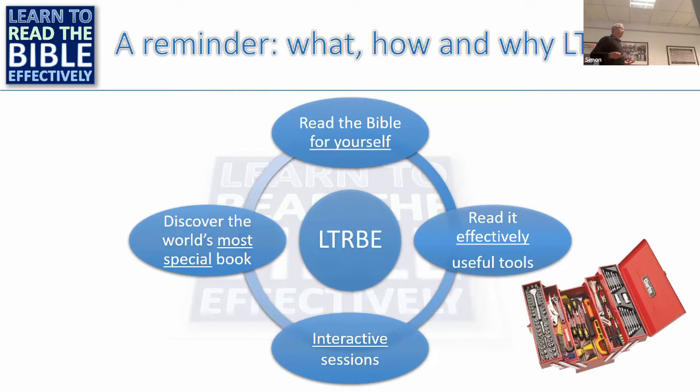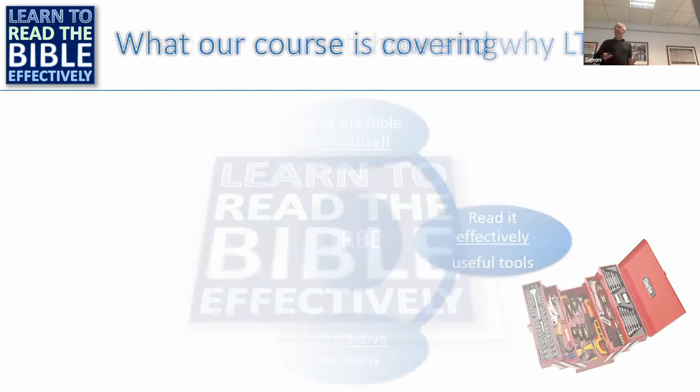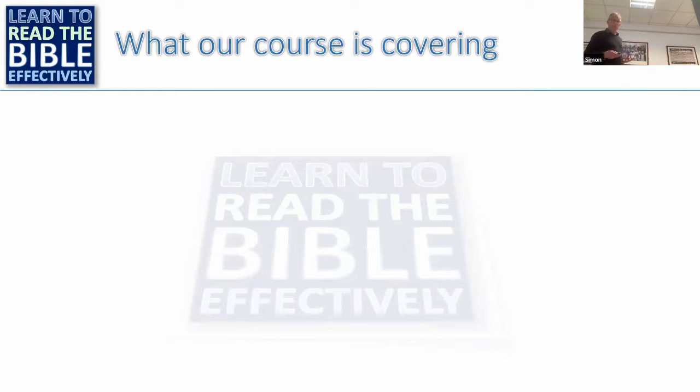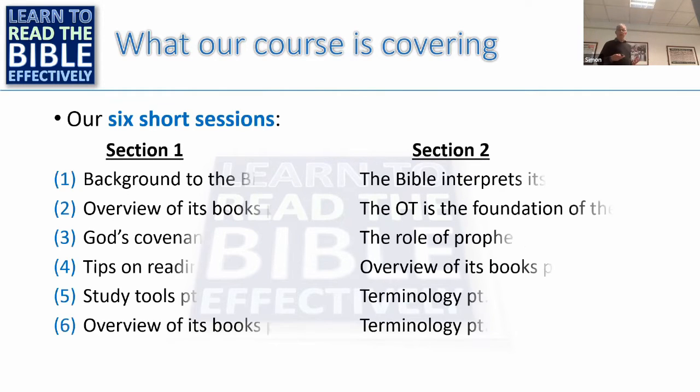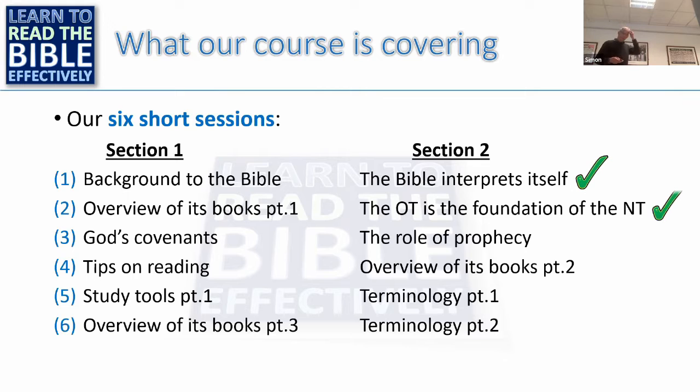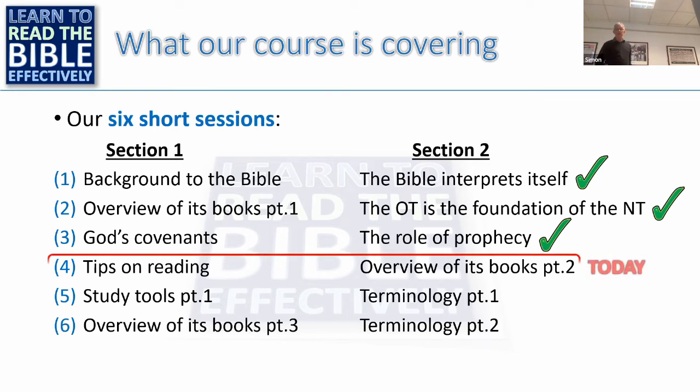So what have we done so far? We've had a number of sessions. I mentioned that we are going through these 6 short sessions, and there's the 6 sessions and what's contained in them. We've done the first 3. We're here this afternoon to look at tips on reading the Bible and give an overview of the second group of books.